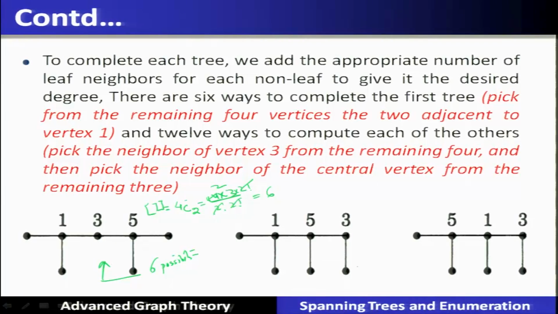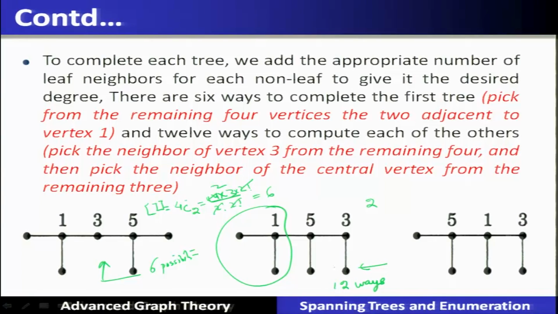Similarly, for this one there are 12 possible ways. Why? Because 6 is choosing these possibilities. Now, the remaining 2 labels are not both attached to 5, but are distributed to 5 and 3.